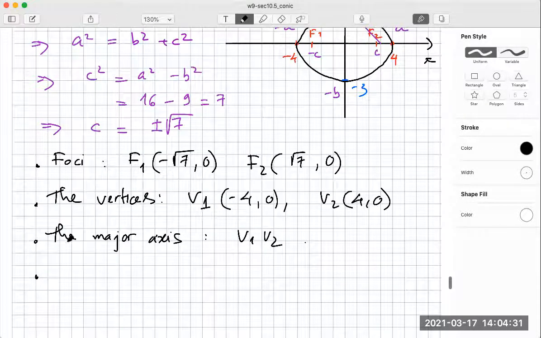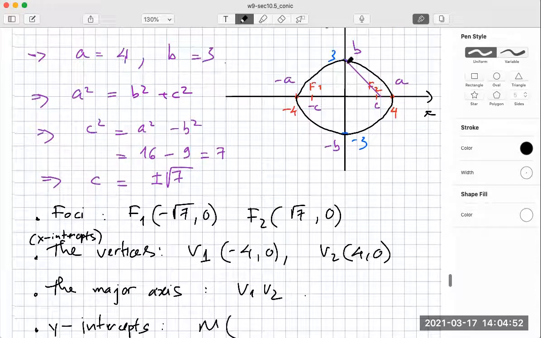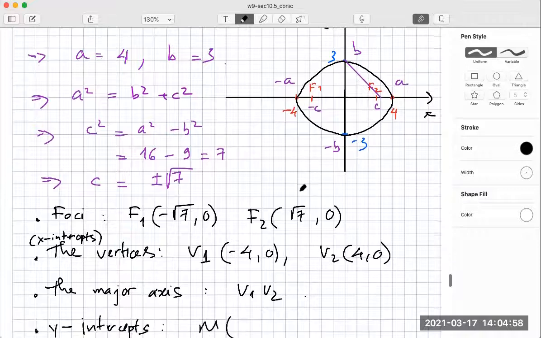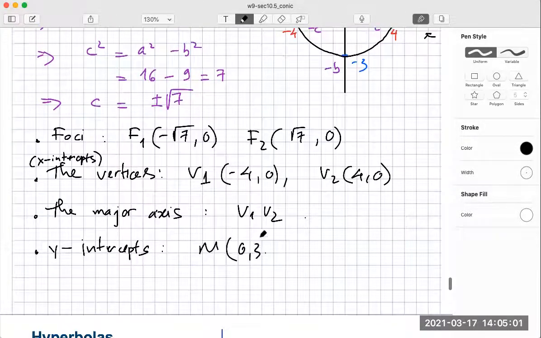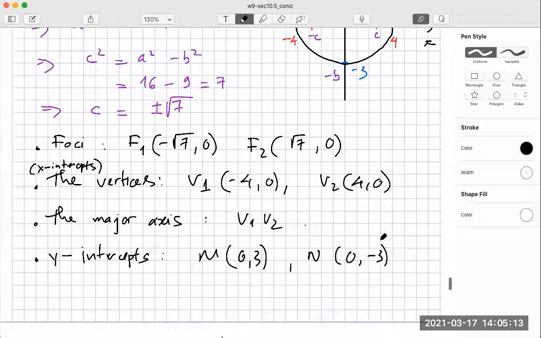So, and the vertices here, or it is the x-intercepts and the y-intercepts. It will cut the y-axis at, what are they? Yes, 0, 3, let us name it M, and N will be? Minus 3, very good, right?